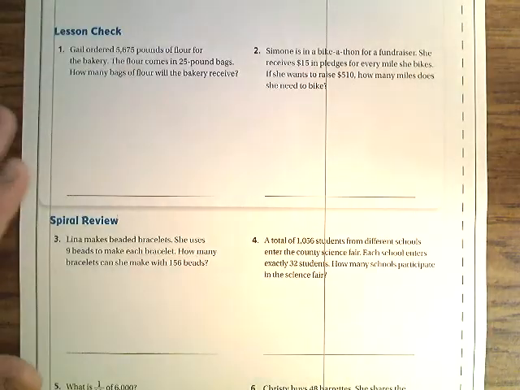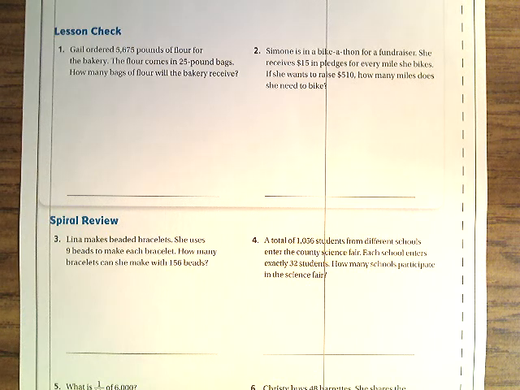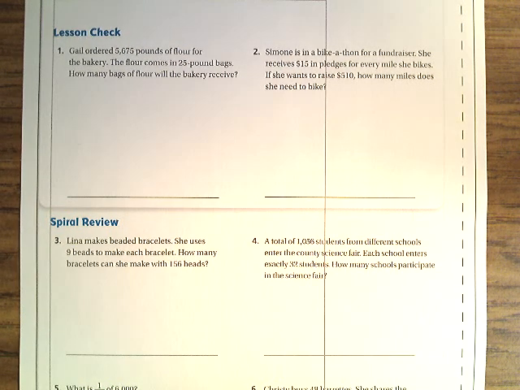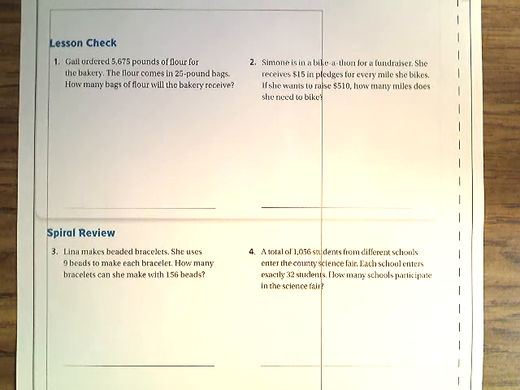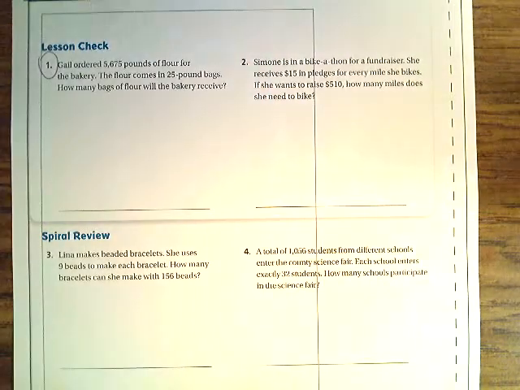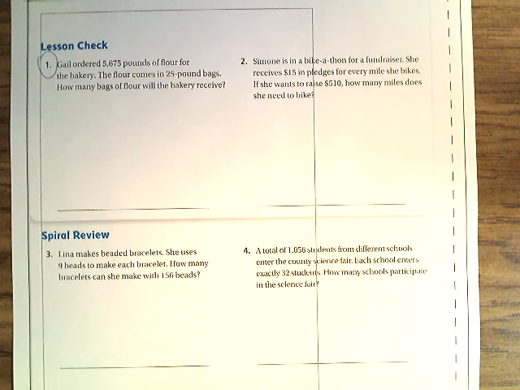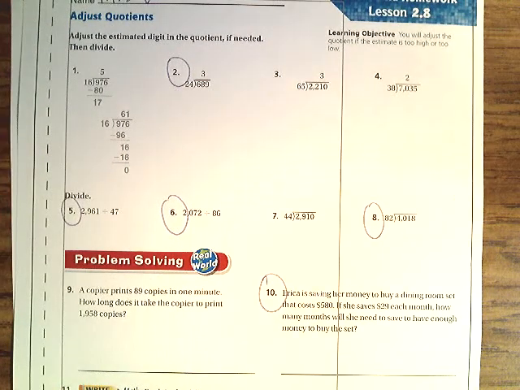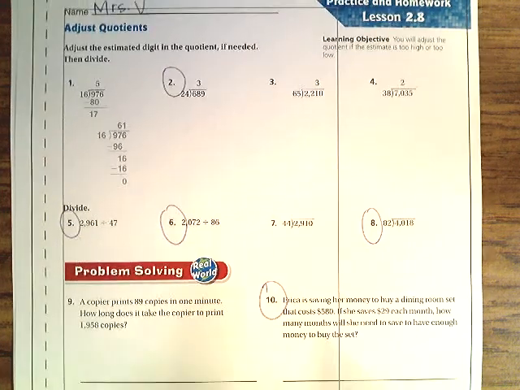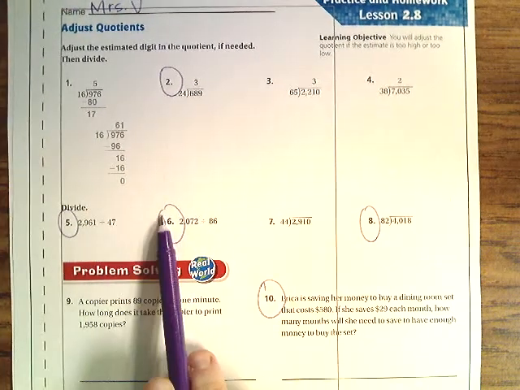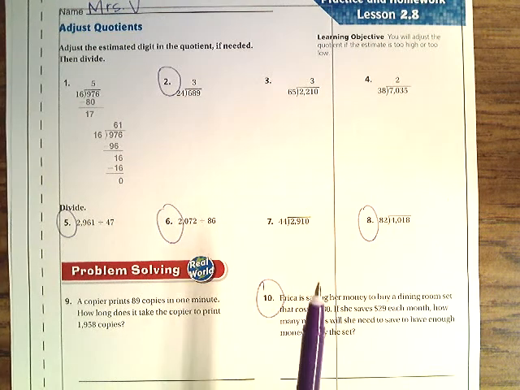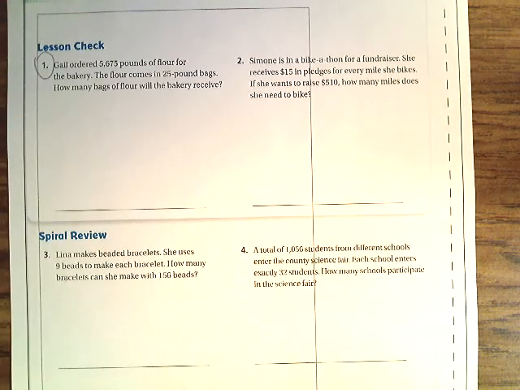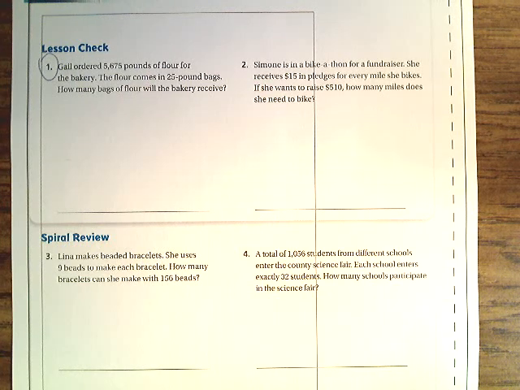Then on page number 136, I want you to try number 1. So that is a total of 6 problems for today. On page 135, you're doing 2, 5, 6, 8, 10. And then on page 136, you're doing number 1. Okay, that's a total of 6 problems.